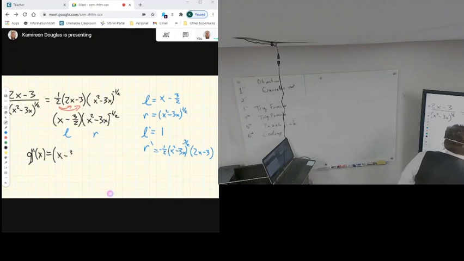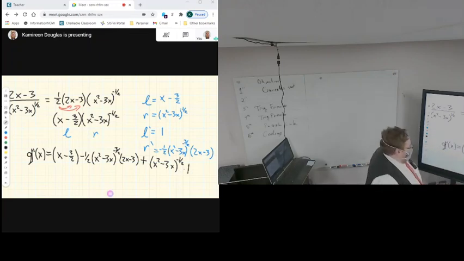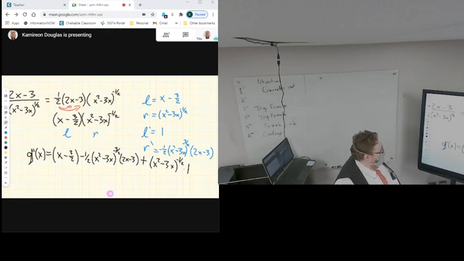Left, d right, remember, this entire thing is d right, plus right d left, so right, (x squared minus 3x) to the negative 1/2 power, times 1. So there's g double prime, and it's a product rule. And again, we can easily do the same thing with the quotient rule. It's kind of six of one, half a dozen of the other.